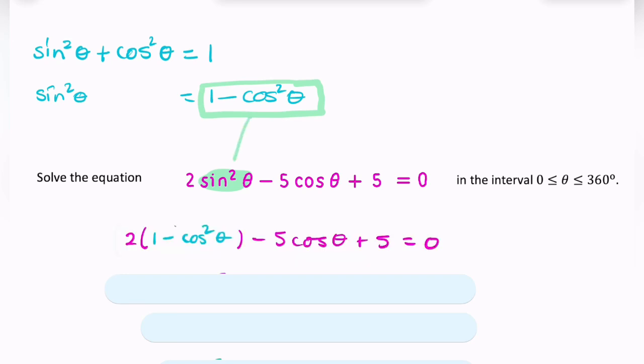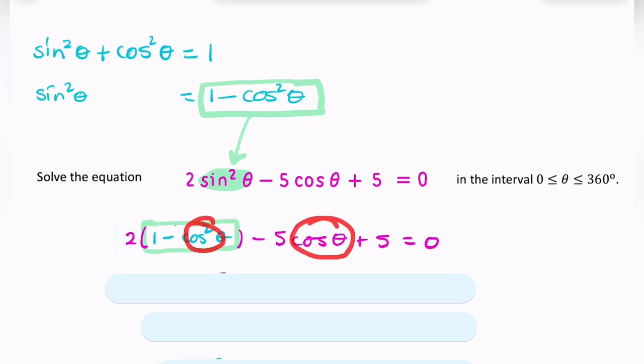If I do that, I now have an expression that doesn't have any sine in it. It's cosine and cosine squared. And that's good because we're one step closer to writing it as a quadratic expression.